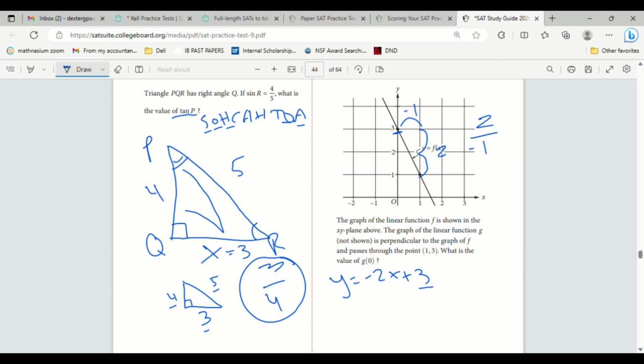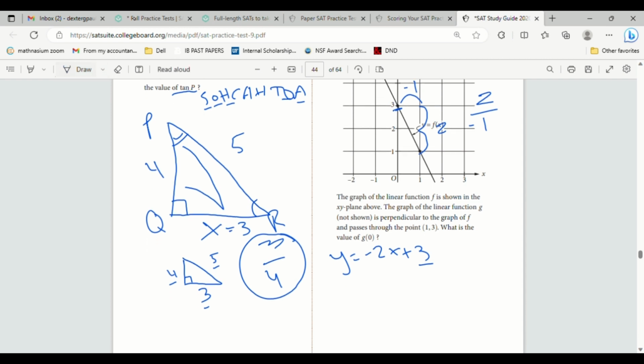And we're told that the graph of linear function g is perpendicular. And so perpendicular means that the slopes are opposite reciprocals. So a different sign, and you flip the number. So we have a point as well of function g, so we can use our point-slope form, or y minus y1 equals slope times x minus x1.